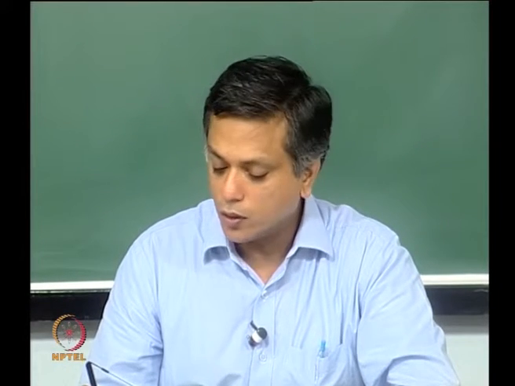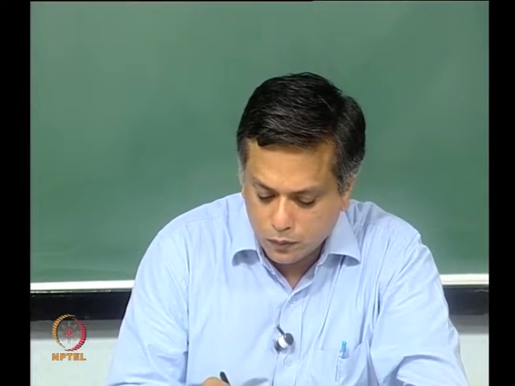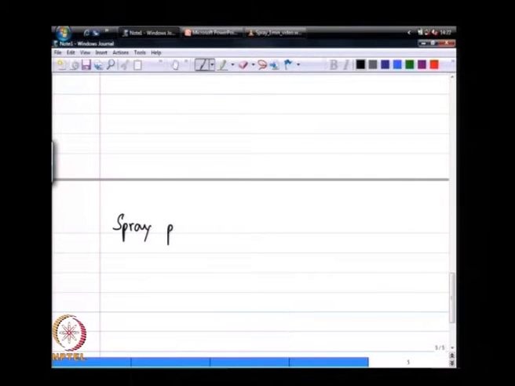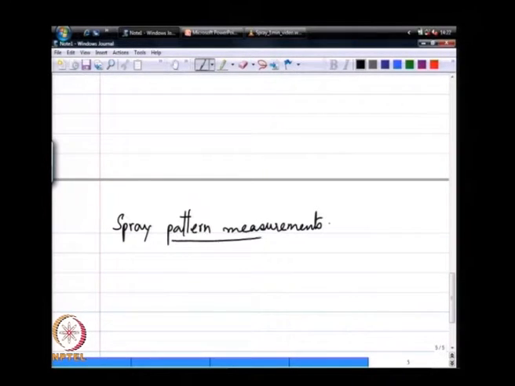But before I go much further, I need a way to quantify both of these spray patterns. The simplest way to make these measurements is using what are called patternators.